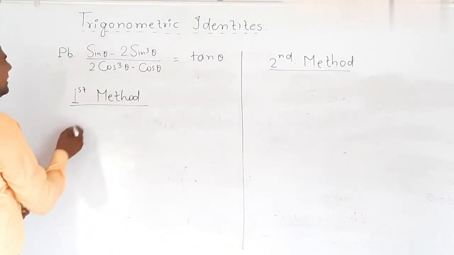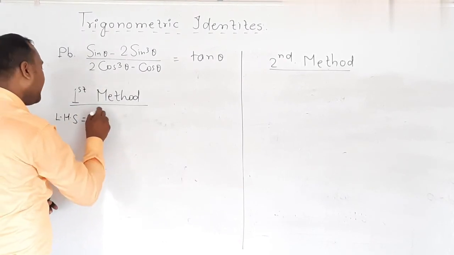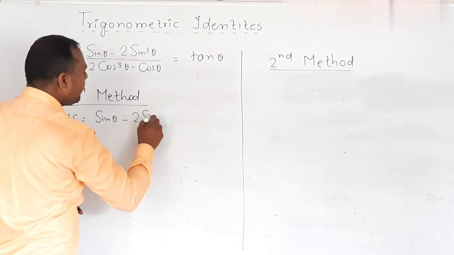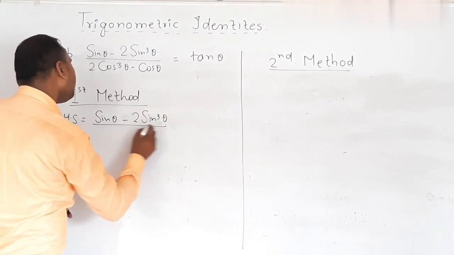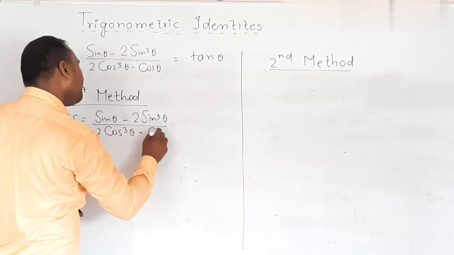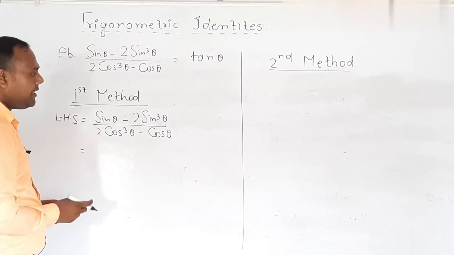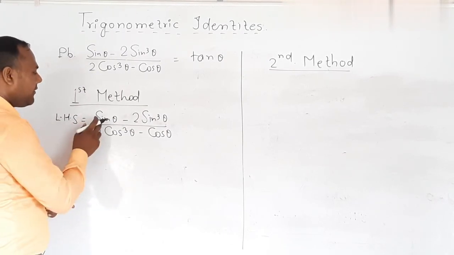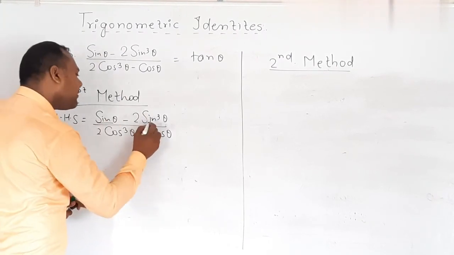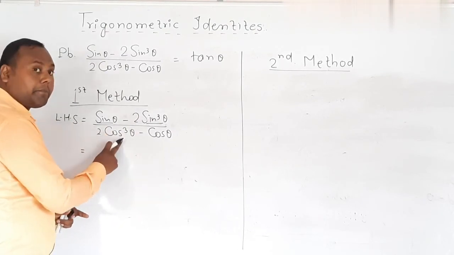The first method is, and this is the LHS part. LHS means (sin θ minus 2 sin³θ) upon (2 cos³θ minus cos θ). Firstly, we look at sin θ minus 2 sin³θ. That means sin θ is the common part in the numerator, as well as cos θ is the common part in the denominator.